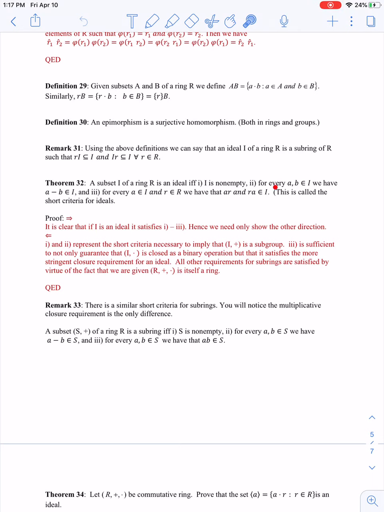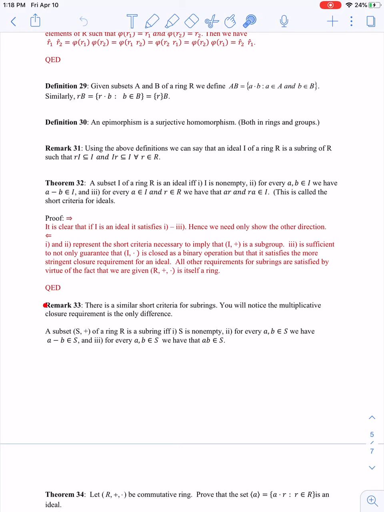But if I have 1 and 2, then 1 and 2 is a short criteria for groups. So that's enough to tell me that I plus is a subgroup. And if it's a subgroup, then to show that it is an ideal, all I have to show is that this multiplication works. What multiplication? Exactly what 3 says, right? Okay, so that's a little discussion about why this theorem proves that this short criteria works.